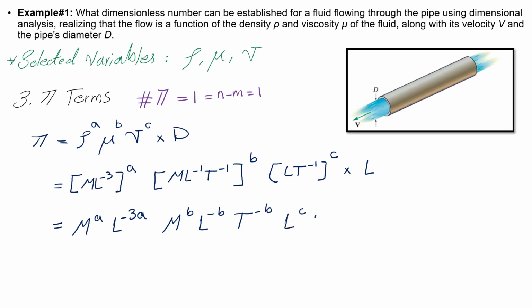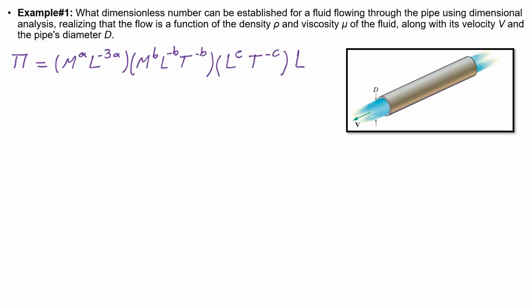L to the power c, T to the power -c, times L. And we already know that pi is a dimensionless number, so M to the power 0, L to the power 0, and T to the power 0, right? So what I'm going to do in the next slide is do some algebra and write down the equation, basically find out the power of M, L, and T on the right-hand side of the equation, and solve the equation to find a, b, and c to find pi.